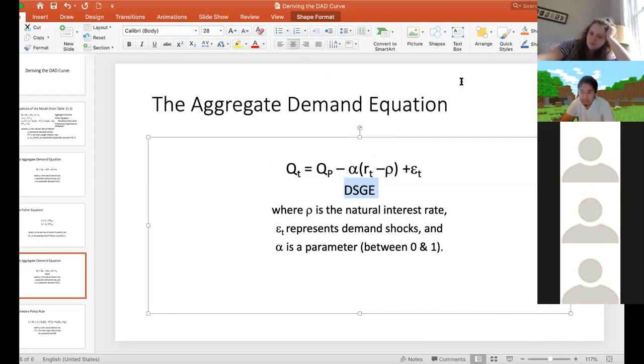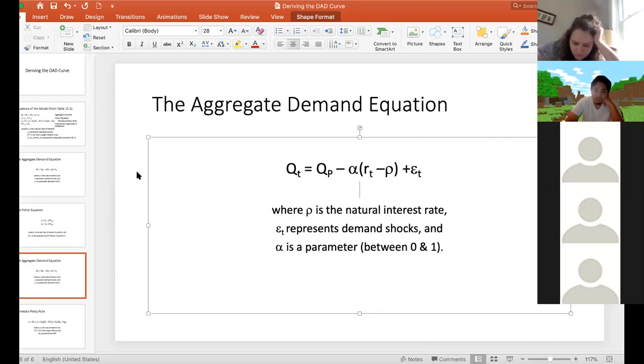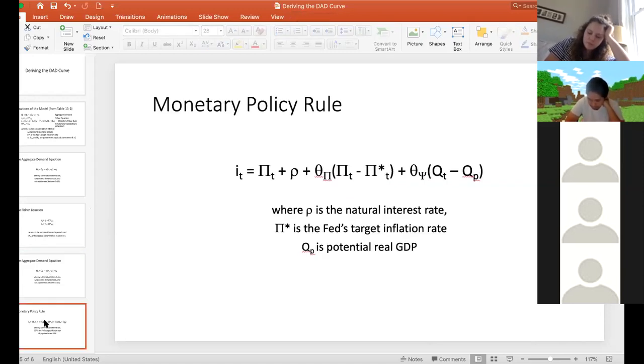So here's what we're going to do. We're going to stop in a minute and let you guys breathe. This is the easy part of the story, unfortunately. Beginning next class, we're going to finish this part of the story, which involves looking at the monetary policy rule equation.